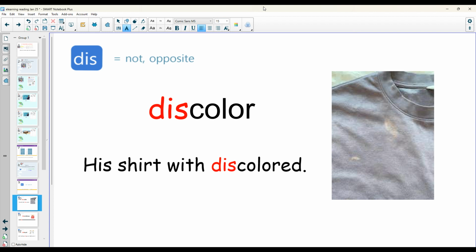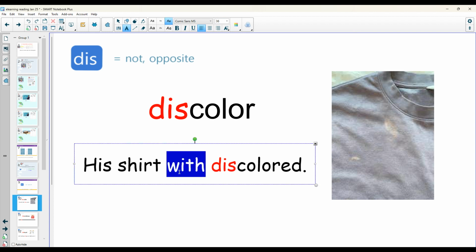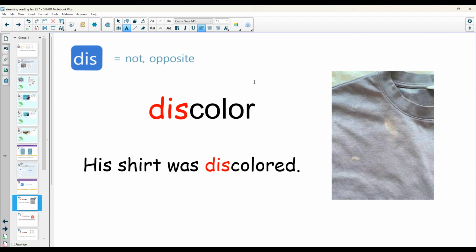His shirt, Miss, was discolored. His shirt was discolored. Look at the picture so you understand discolor. Look at this discoloration on his shirt. It's supposed to be gray, but it is not gray. It's the opposite of gray. His shirt is discolored.